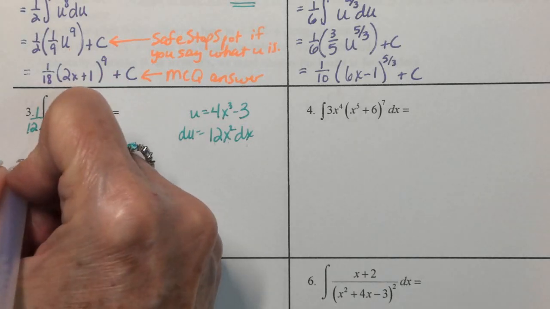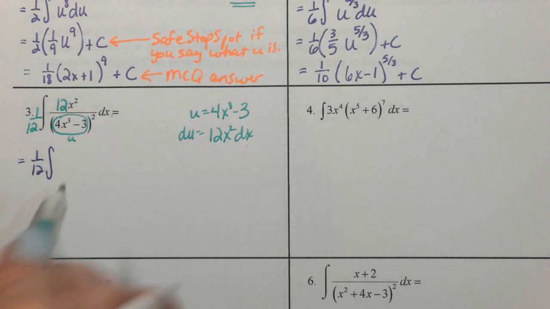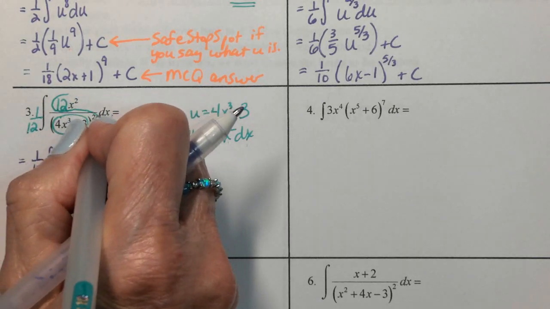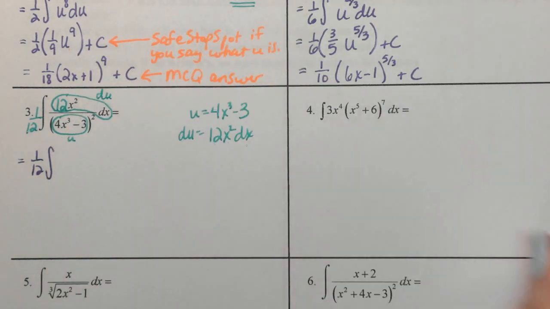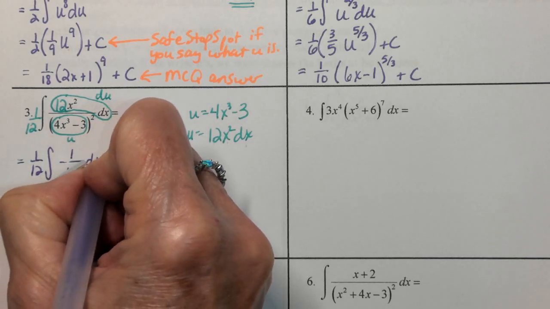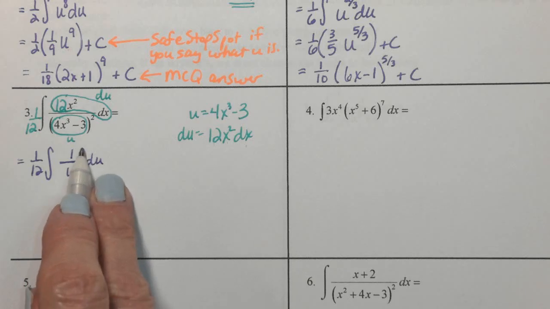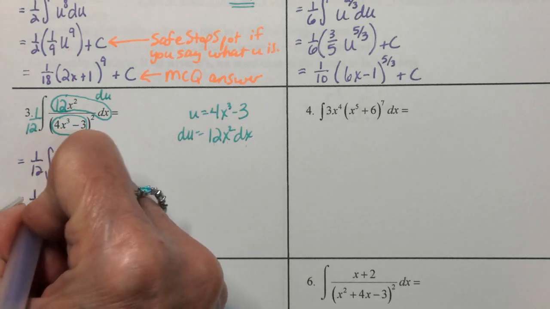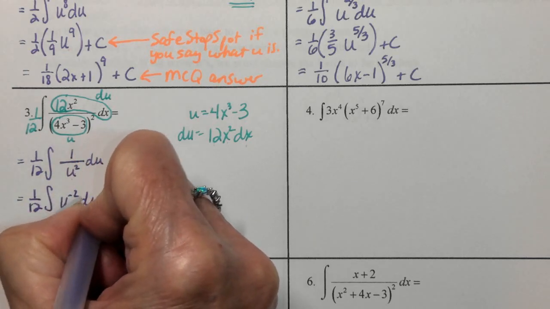So my integral has become 1/12 times the integral of, all of that is my du, so I have 1 over u squared du. Okay, so now we integrate. I have to bring the u to the top and give it a negative power, just like we did already. So u to the negative 2 du.